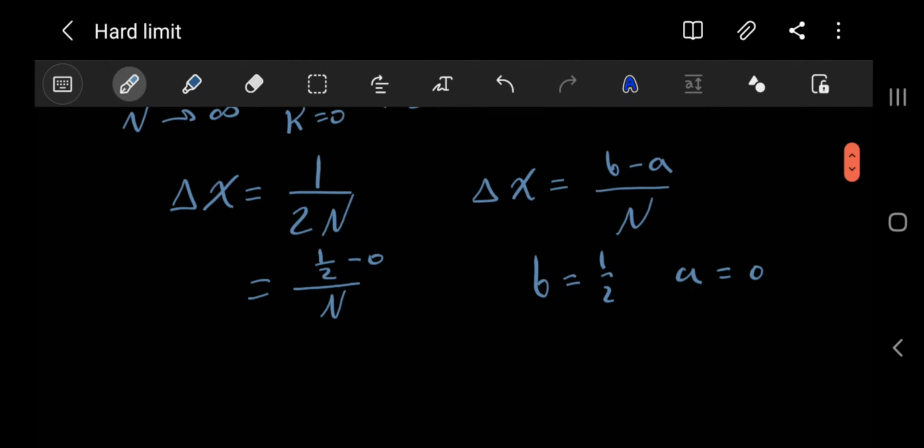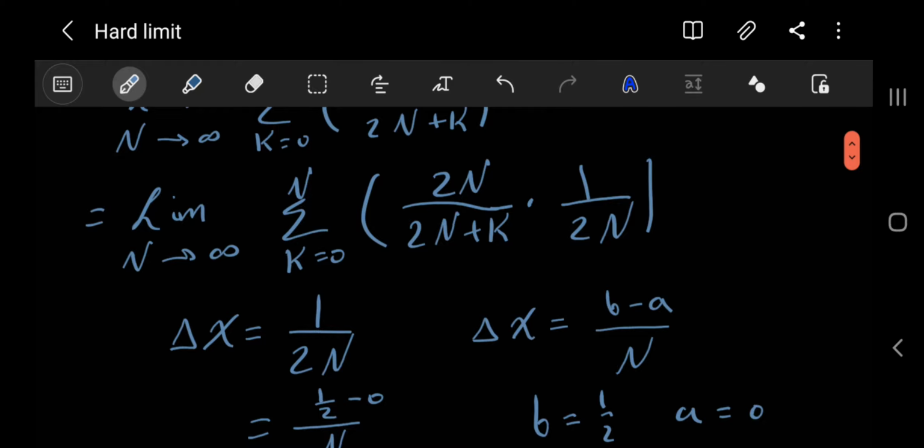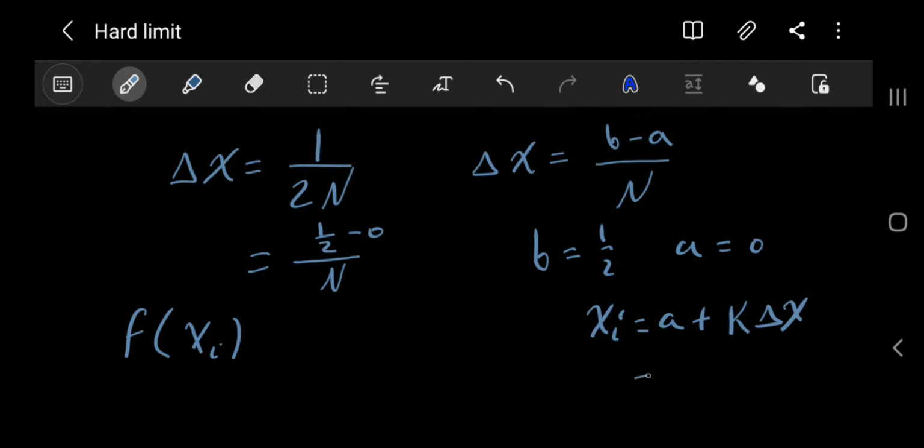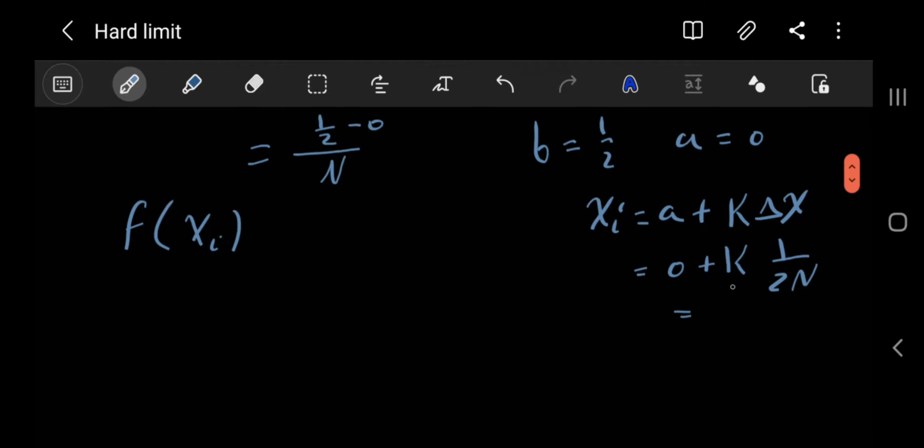Now we also have 2n over 2n plus k, so that will be f of xi. But we can see that xi is equal to a plus k multiplied by delta x, so it will be 0 plus k multiplied by 1 over 2n, so it will be equal to k over 2n.